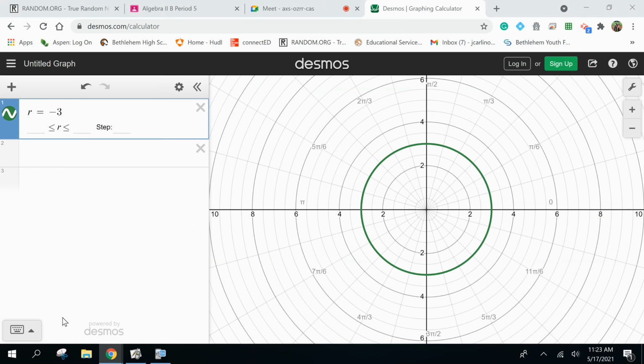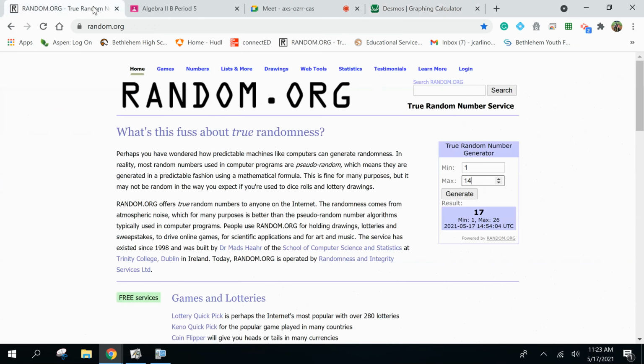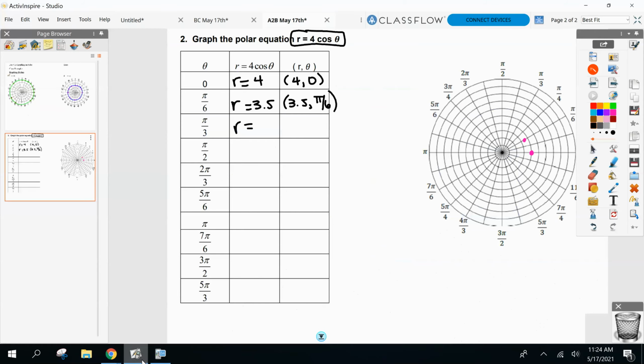Hopefully everyone's doing all right at home. What's our r value? Eliana, what's my r value at pi over 3? r equals 2. Good. So I have (2, pi over 3). Everyone go graph 2 at pi over 3.